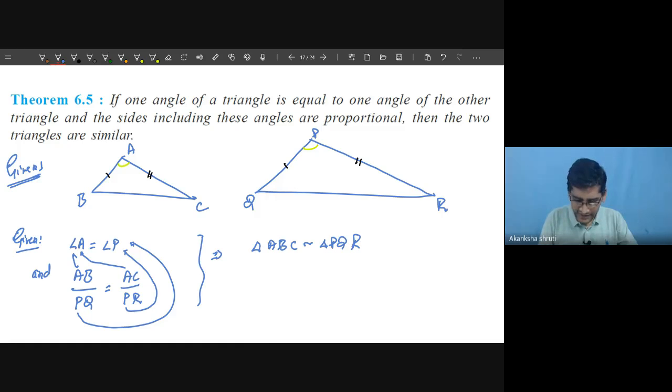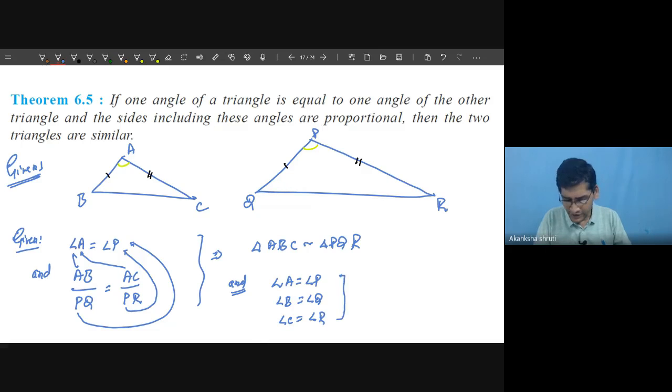When the two triangles are similar, then we are free to write the other conditions for similarity, like angle A, angle P, angle B, angle Q, angle C, angle R. These things will hold good, as well as the ratio, the third ratio, which is not given here. What was given? The given was AB by PQ is equal to AC by PR.